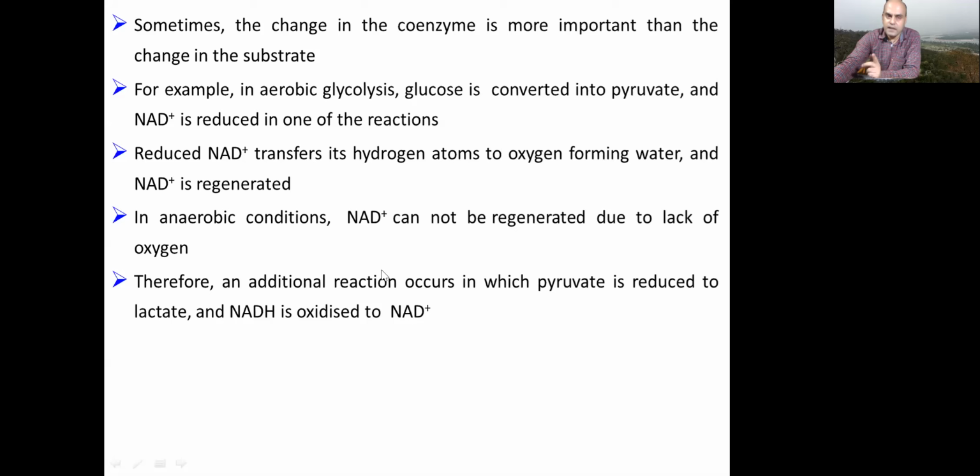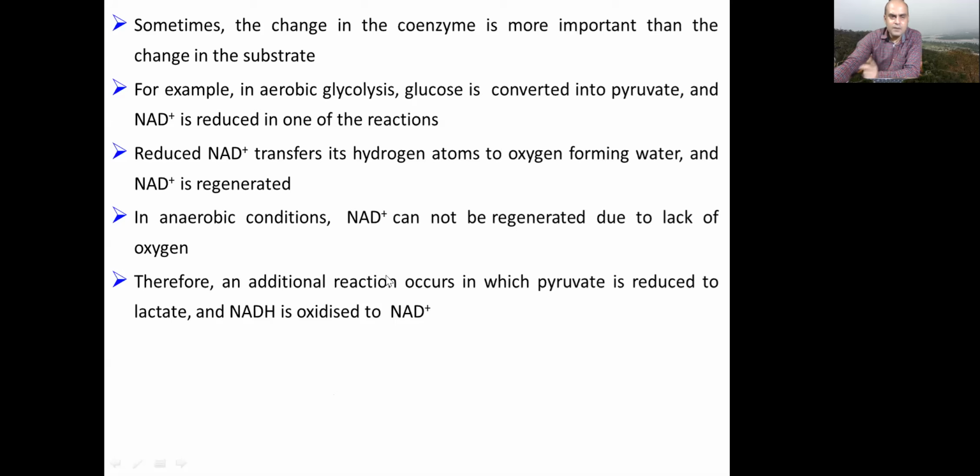In aerobic condition, NAD plus is regenerated by the electron transport chain, but in anaerobic condition, it cannot be regenerated by the electron transport chain because there is a lack of oxygen.